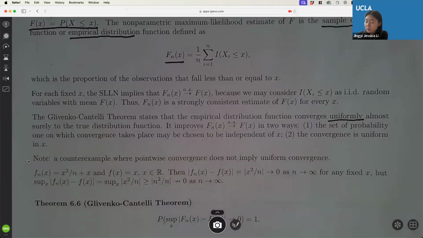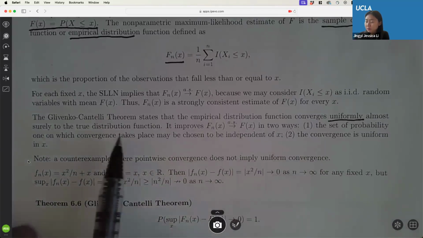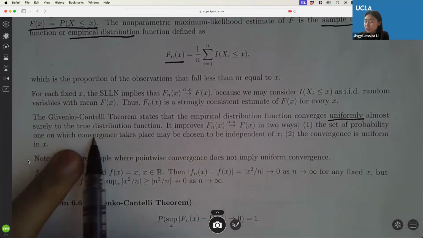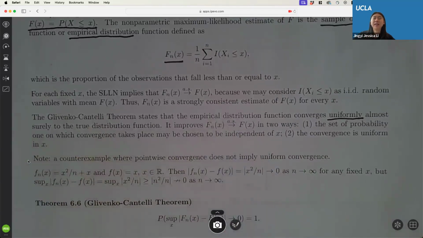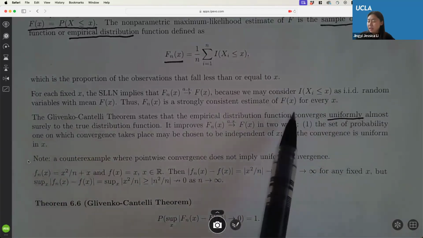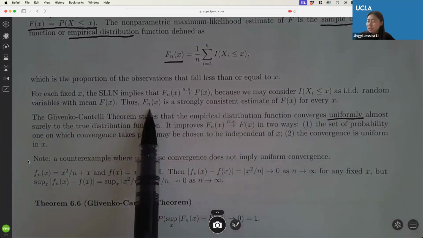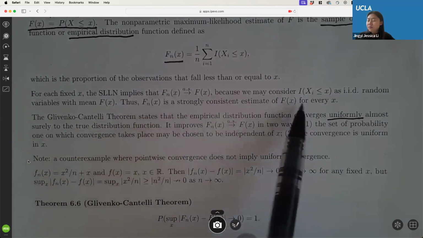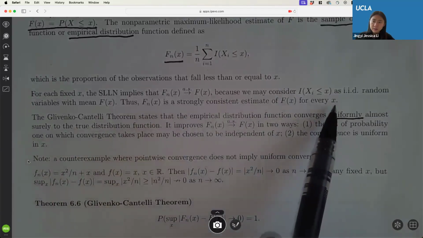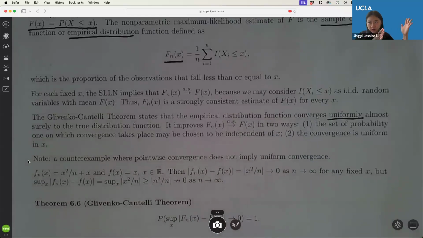Here is one intuitive way to understand it. Previously, even though we know Fn(x) converges to F(x) almost surely, the convergence rate could be very different for different x. It could be slow for some x, but faster for others, and we cannot really coordinate the convergence.